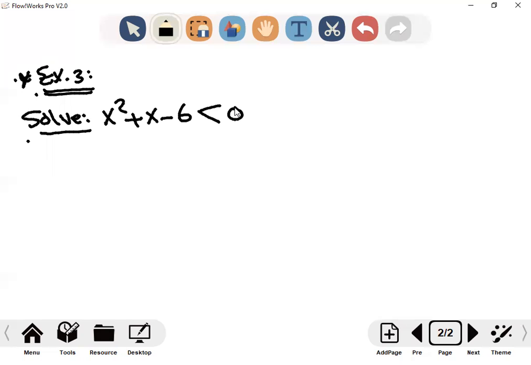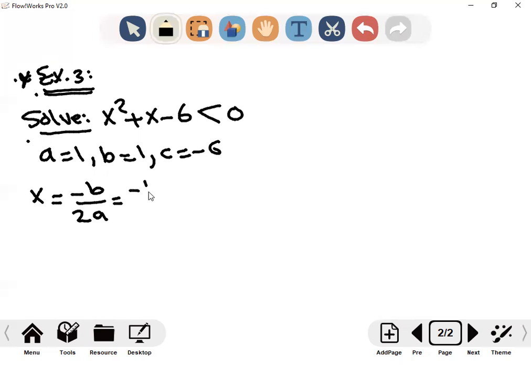Come on. a is 1, b is 1, c is. Find the vertex, find the intercepts, find everything. The difference will be at the end. Okay? The vertex, we have the formula minus b over 2a, which means minus 1 over 2 times 1, right? So minus half, minus b over 2a. Minus 1, negative from the formula.